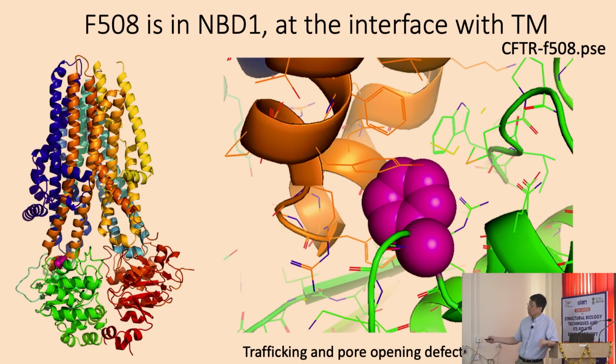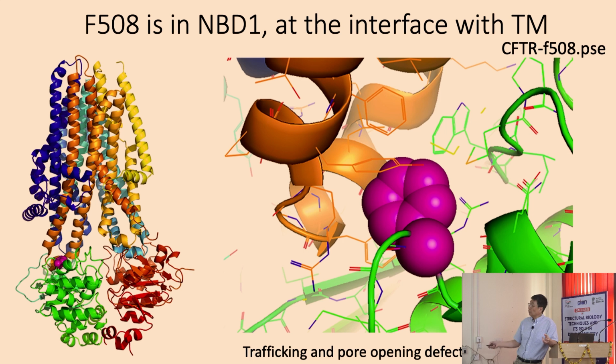So that's shown right here. On the left, these are figures I made myself. This is colored by rainbow. Okay, you know that, right? Blue is the N-terminus, red is the C-terminus. So you can see the transmembrane region is blue. The N-terminus starts with the transmembrane region. And then this NBD right here is green, near the middle of the protein. And then another transmembrane domain, and then red is the second NBD.